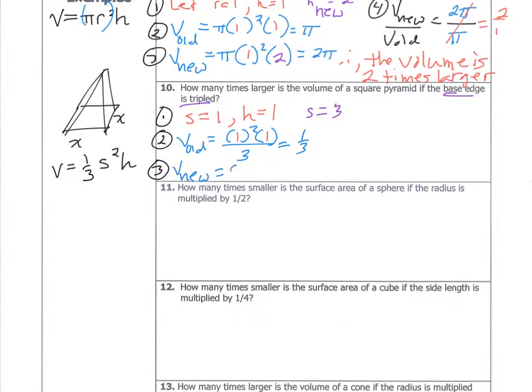My S this time is 3, and we're going to square that, times my height, which has not changed, it's still 1, and then all of that's divided by 3. So what's 3 squared? 9 times 1, 9 divided by 3, 3. So old volume is 1/3, new volume is 3.